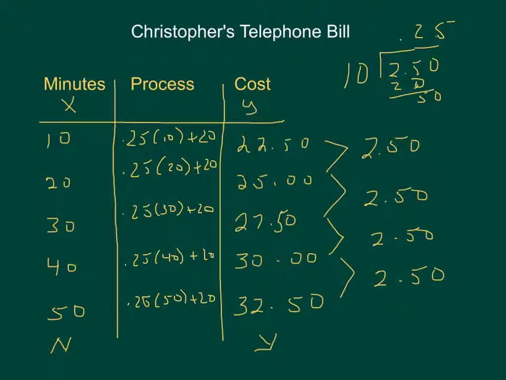Well, so it looks to me like we can write a rule to say that 0.25x plus 20 will give me any amount of minutes in his telephone plan.